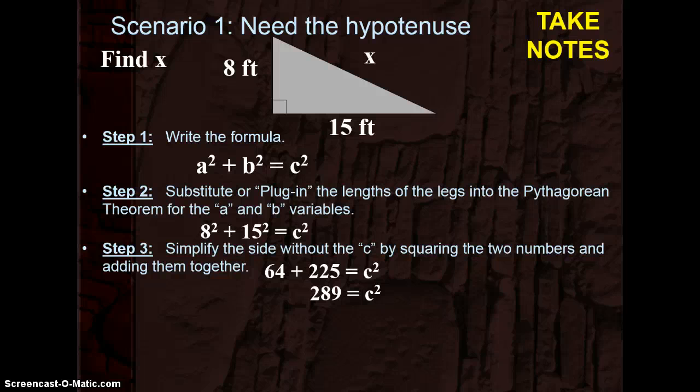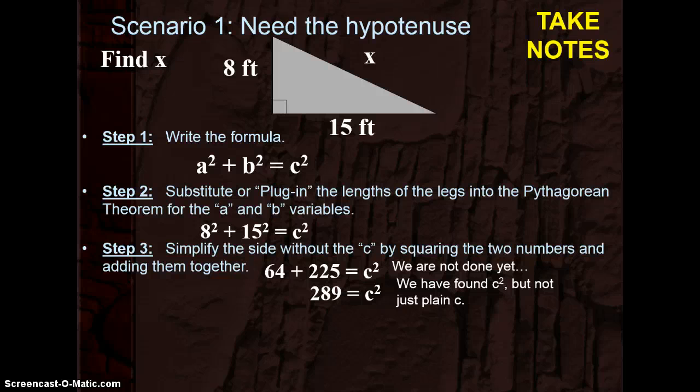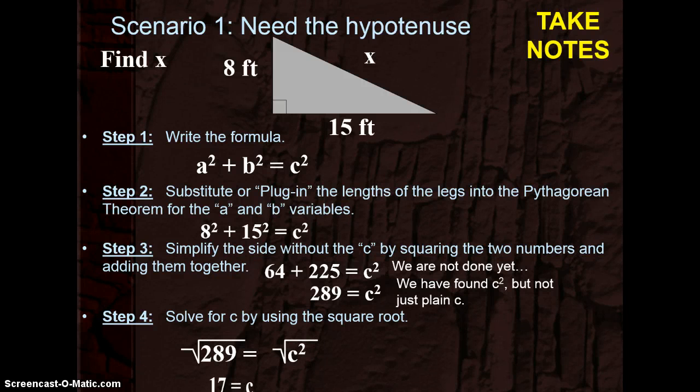That looks like a check mark, or square root. So the opposite of a square, which is what we have, is the square root. So we're going to put our little square root symbol over both of those numbers. And what's the square root of 289? 17. 17 is our measure for C.